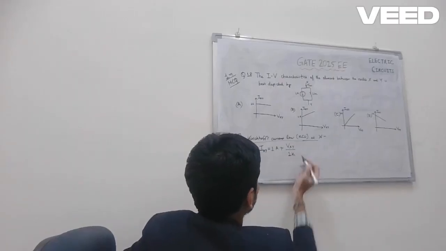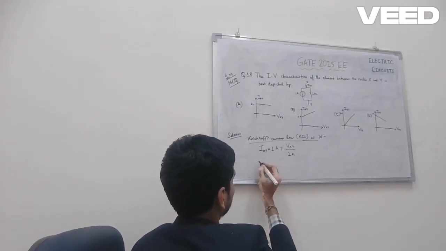Just simply writing the Kirchhoff's current law equation at node X.